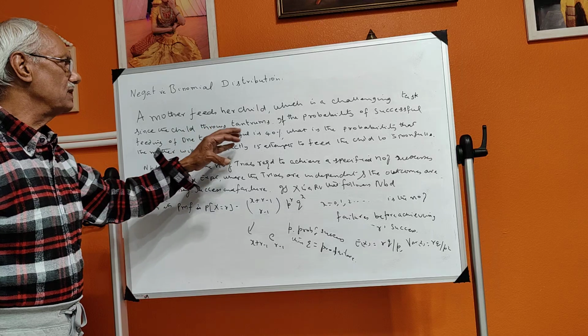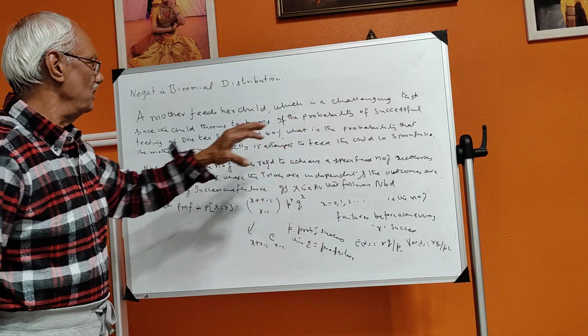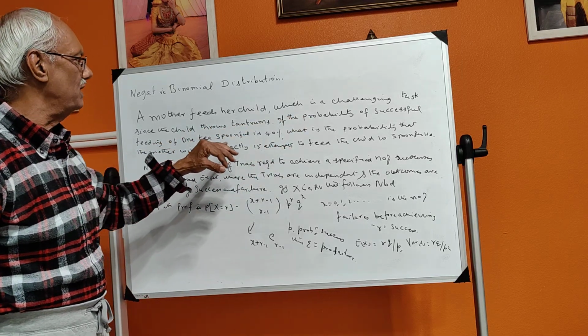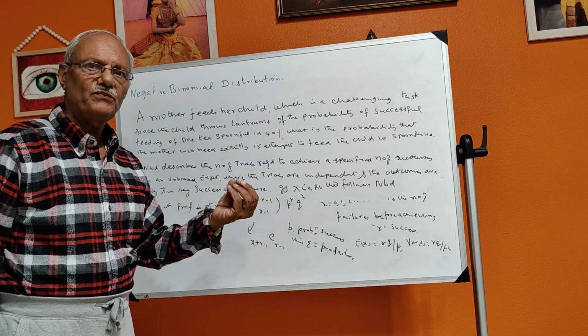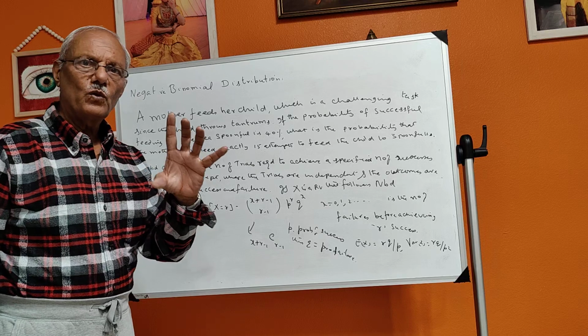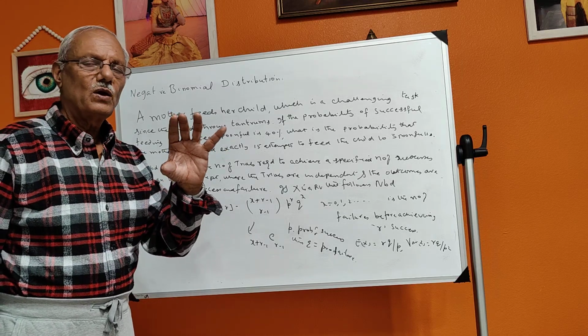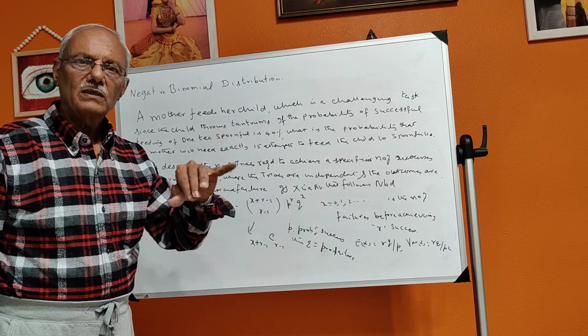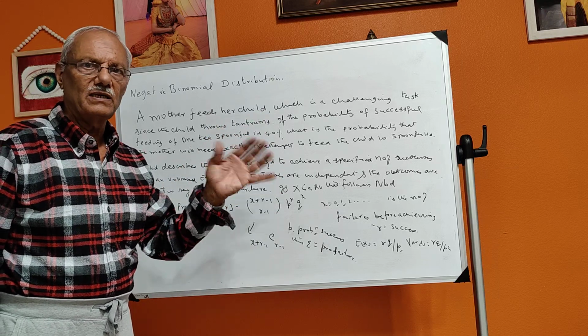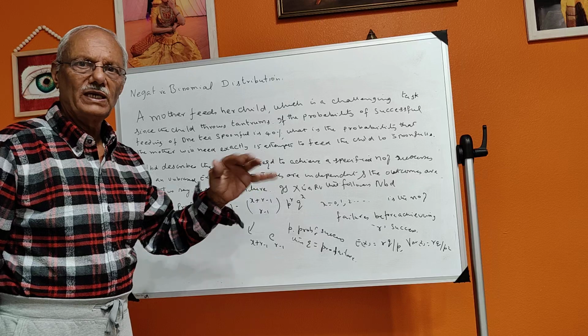If the probability of successful feeding of 1 teaspoonful is 40%, that means there is only a 40% chance that one spoonful of food can be fed to the child because of the tantrums it throws while eating.